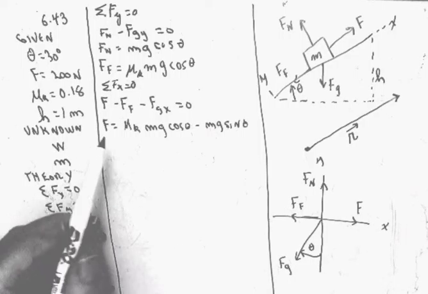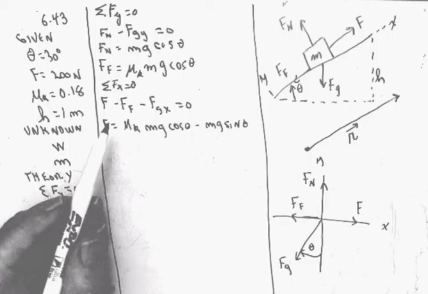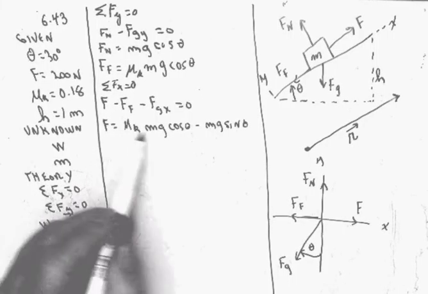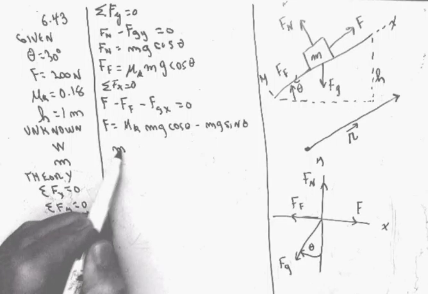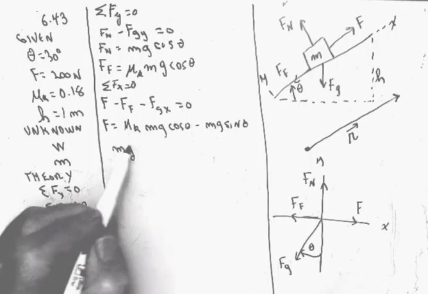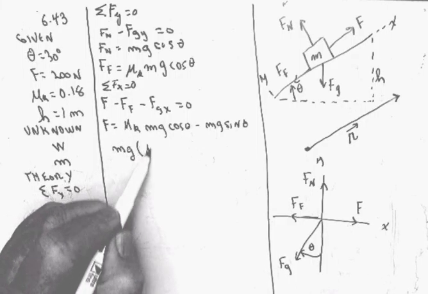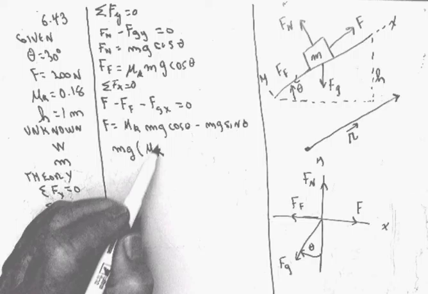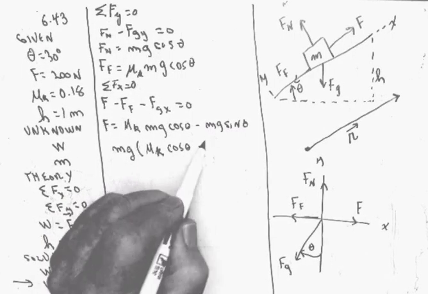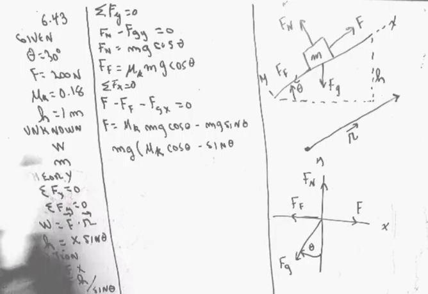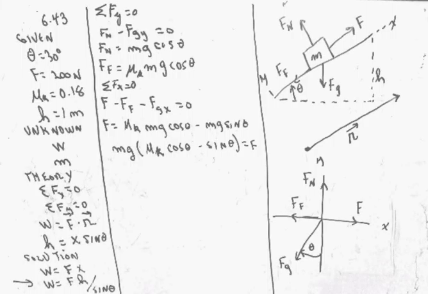And all I do to find m is clean all this up. I've got an mg here and an mg here. Since we're solving for m, I'm going to put that on the left-hand side of the equation: mg times mu sub k cosine theta minus sine theta is equal to F.